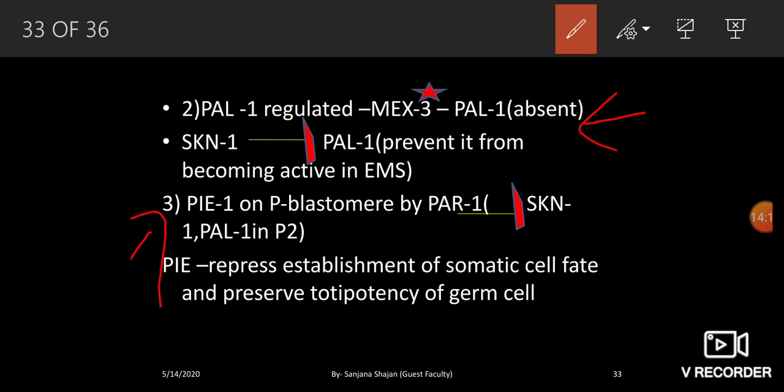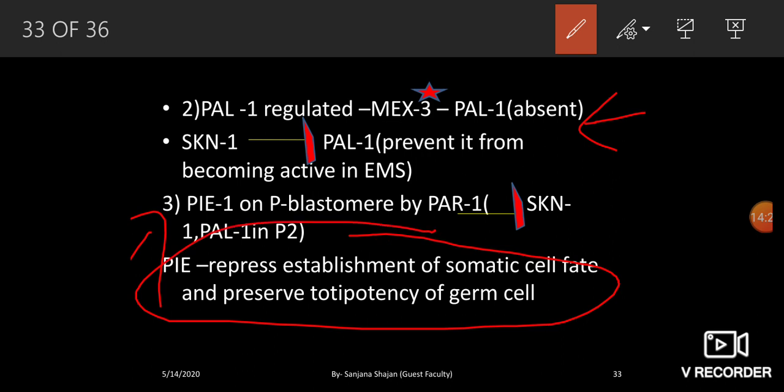The P2 cells are supposed to be germline cells, but they start acting like somatic cells, that is, the EMS blastomeres. So from this, they concluded that PIE1 represses the establishment of somatic fate and it preserves the totipotency of germ cells.